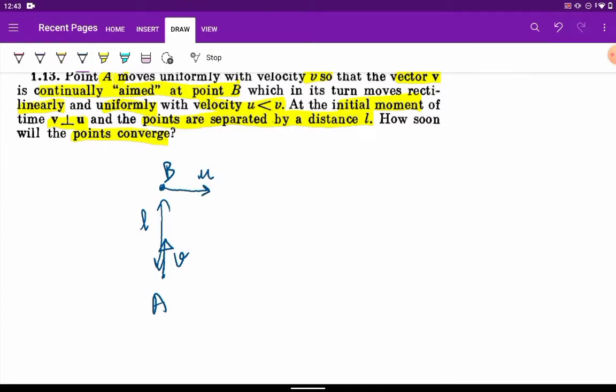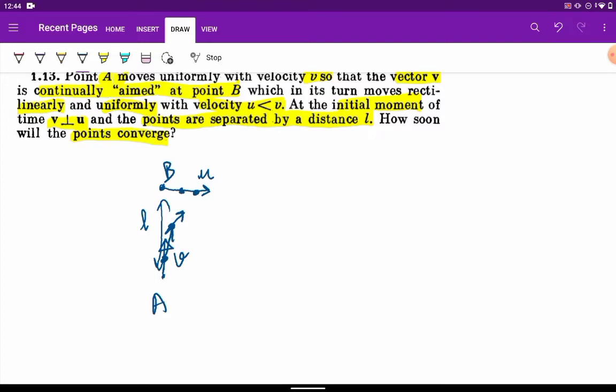Now at all times A is directed towards B. So let's say after a very small amount of time dt, B is here, A is here, and the velocity will be in this direction. It will move a little, and after some time it will be in this direction, until eventually it catches up with B.